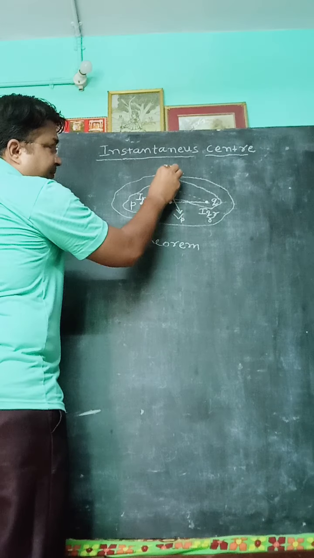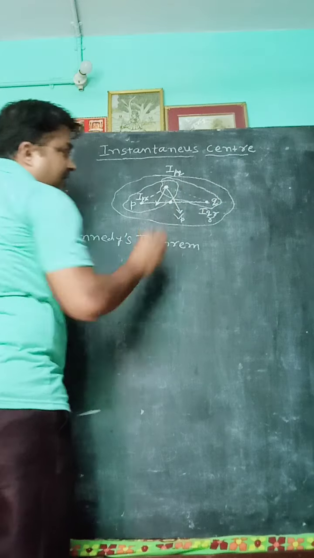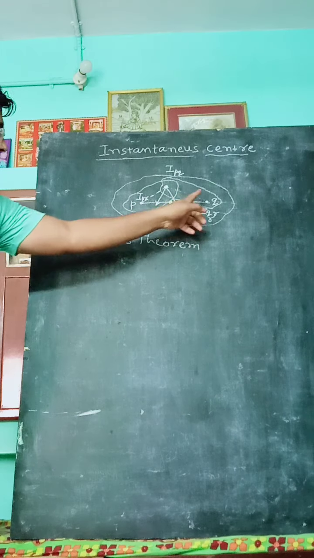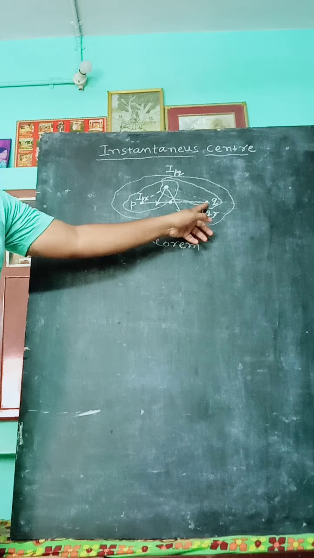So IPQ must be on this particular line. That means IPR, IPQ and IQR must be collinear.